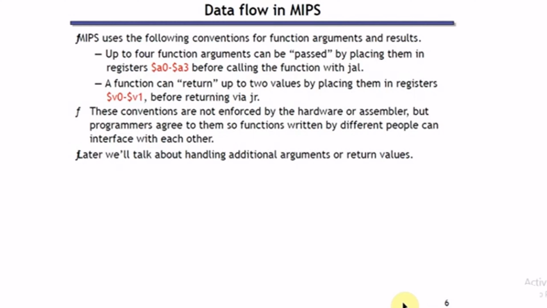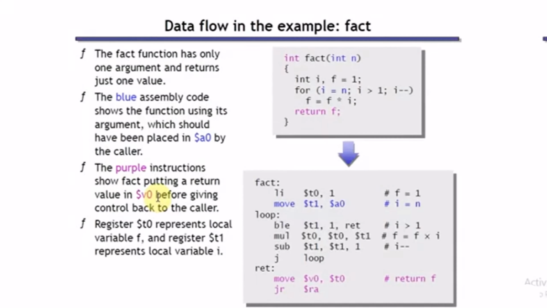And after we return back to the caller program, the caller can find the result in this specific register. The conventions are not enforced by the hardware or assembler, but programmers agree to them, so functions written by different people can interface with each other.